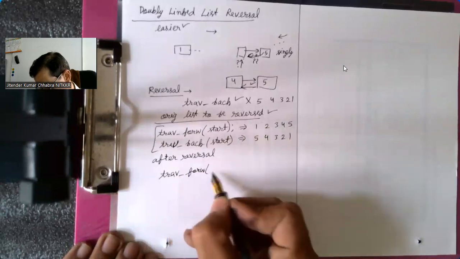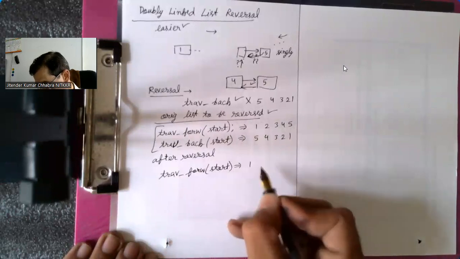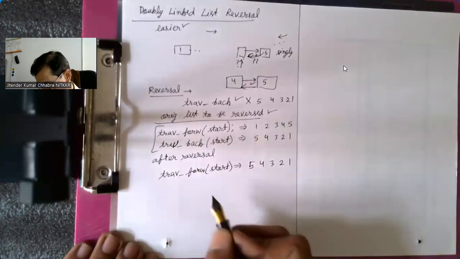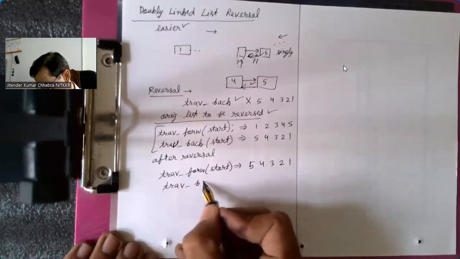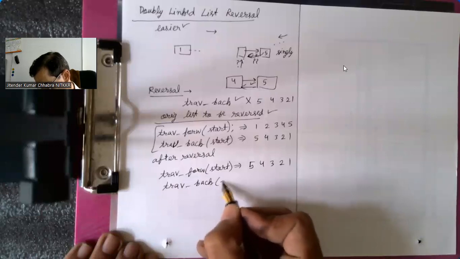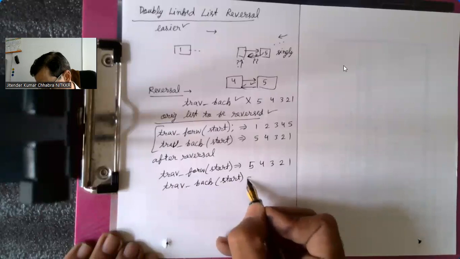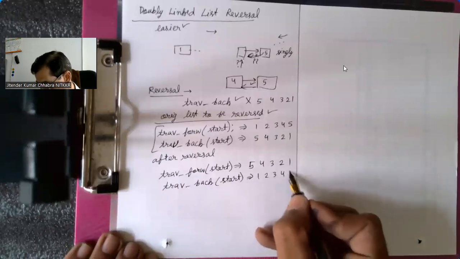Traverse forward with the start itself must display 5, 4, 3, 2, 1. And a traverse back must display the reversed value now. So traverse back with the start should now display 1, 2, 3, 4, 5.